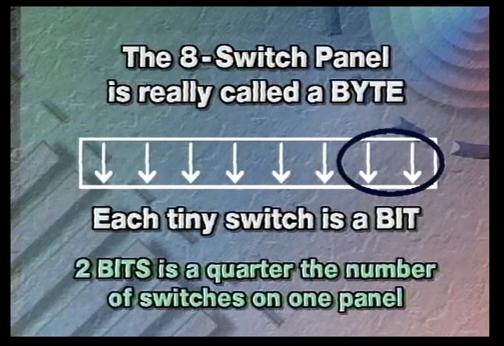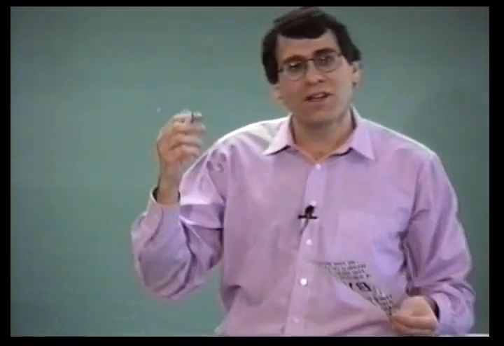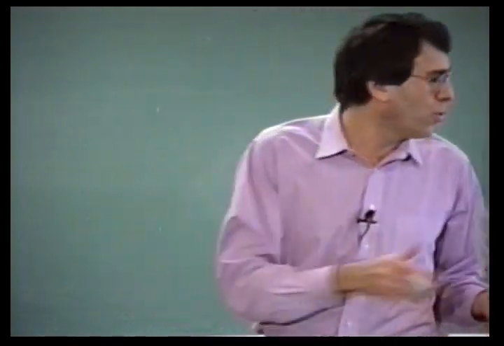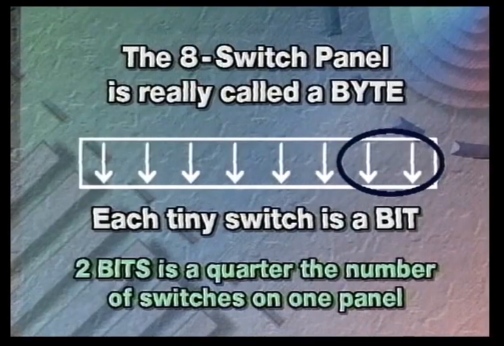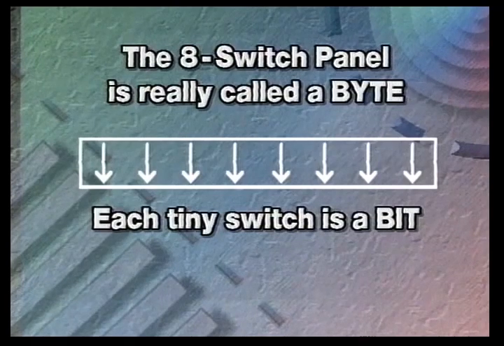So 2 bits is a quarter of the number. Isn't that interesting? Just like money. So if you're having trouble remembering which one's bigger, just think 2 bits is a quarter of the number of switches on an 8-bit panel. Because every panel has 8 bits to it. So the complete panel is called a byte, and the individual switches are called bits.